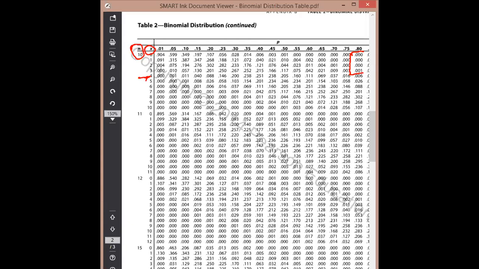That's 1 minus 0.0007, which turns out to be 0.993.